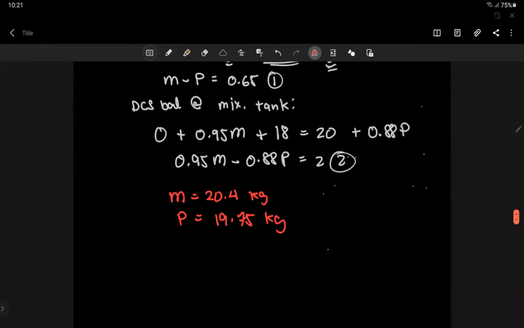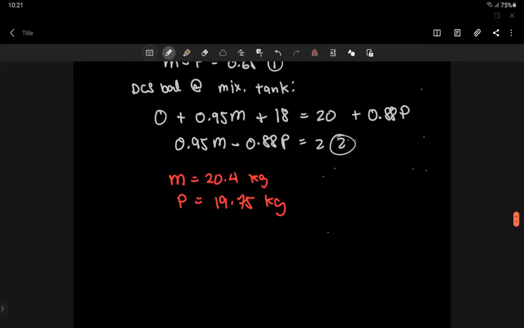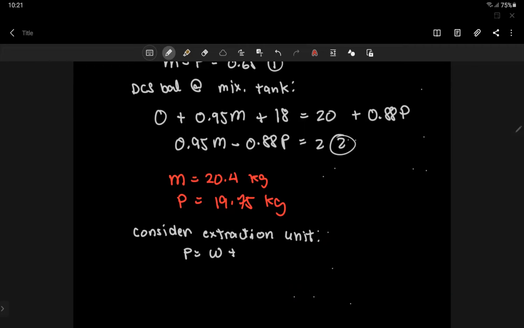So moving on, let's consider, balik natin yung extraction unit. Pwede rin mixing point. You can perform mixing point balance also in this one. But in the extraction unit, remember it's P equals W plus R. Okay? So nasan yan? Di ba?